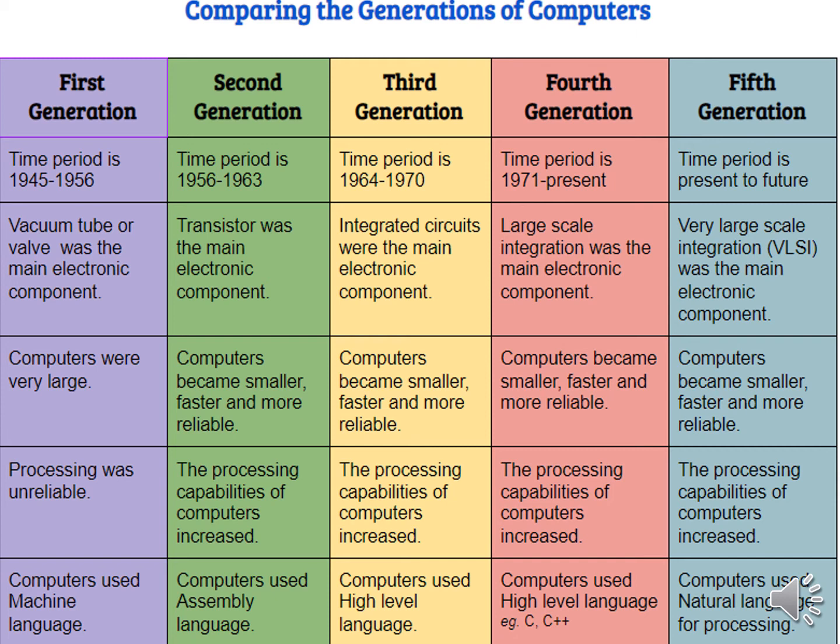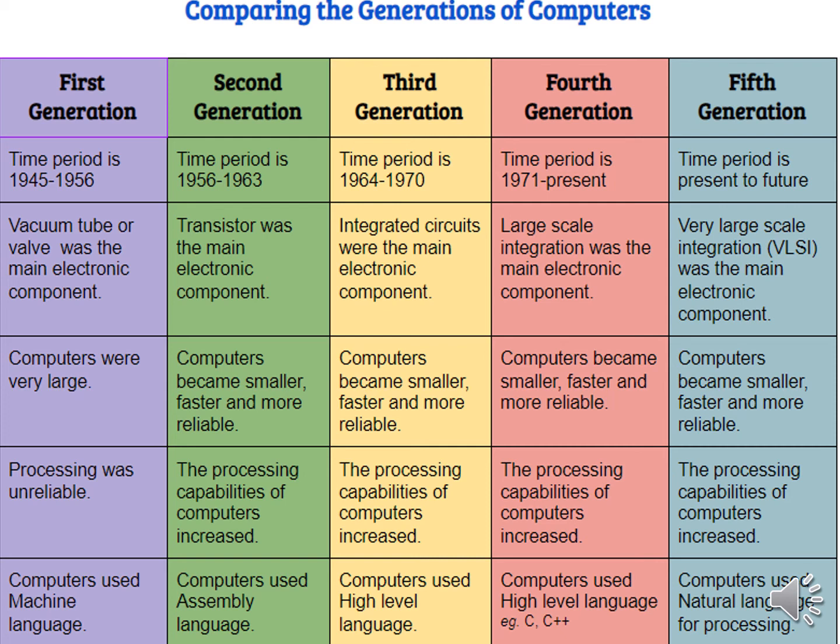The time period for the fourth generation of computers is 1971 to present. Reason being, some of the computers that were around in the fourth generation are still being used today. Computers became smaller, faster, and more reliable.